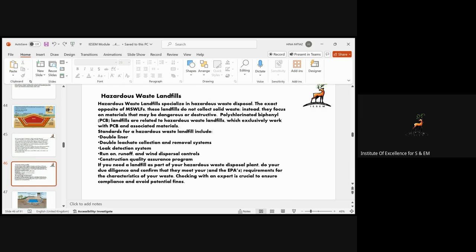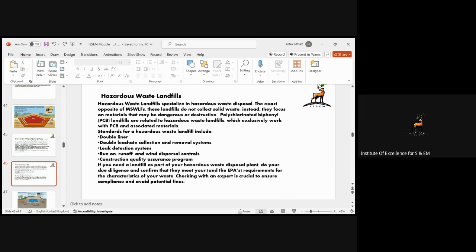These are managed through such landfills, which work exclusively with materials like pesticides, surfactants, and insecticides as well.